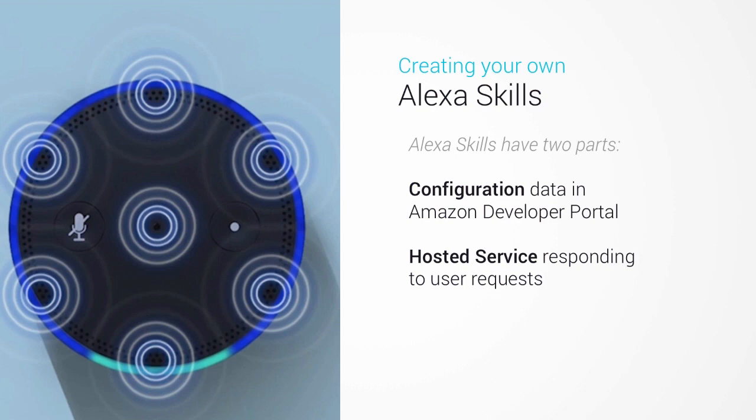But if you are going to create an Alexa skill just for your own Echo, or maybe in your own house, or maybe you're just tinkering around with drones and robots and a Raspberry Pi, and you just want to add voice, you can completely do that on your own device. So you decide where you want to host this service. As long as you can reach out to the internet, you can communicate securely using SSL over port 443, you can create your hosted service.